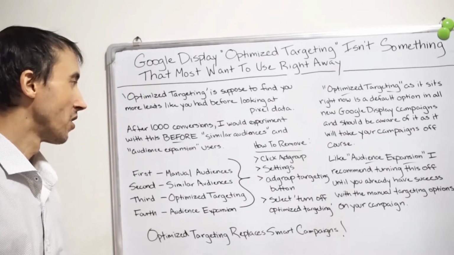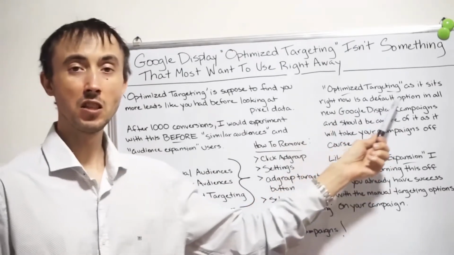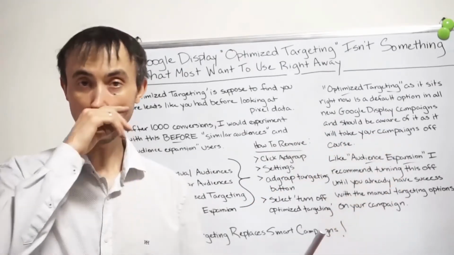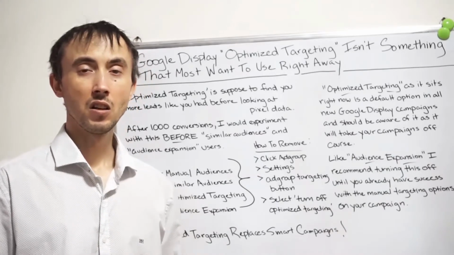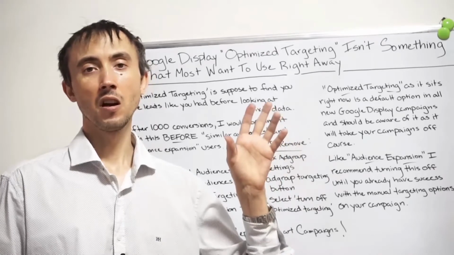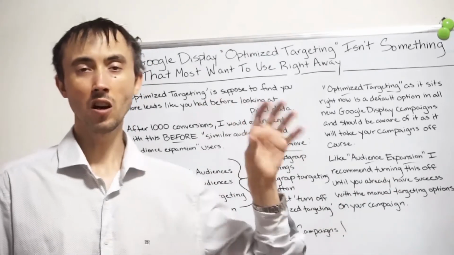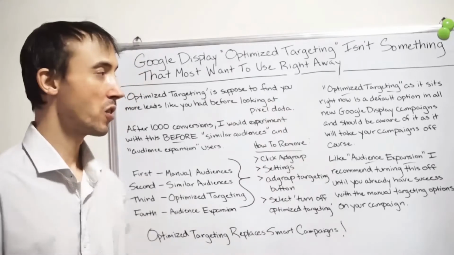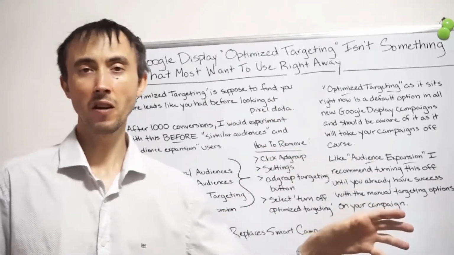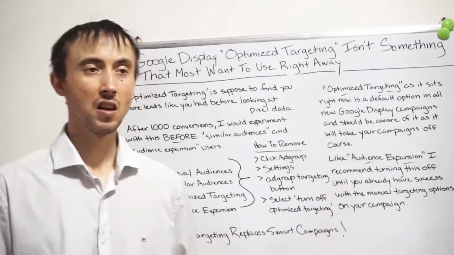With that said, optimized targeting as a feature, like I said: if you set up a brand new display campaign starting since spring to summer of 2022, your optimized targeting is enabled by default. So this could be screwing up your progress without you even knowing, because you don't have enough pixel data.